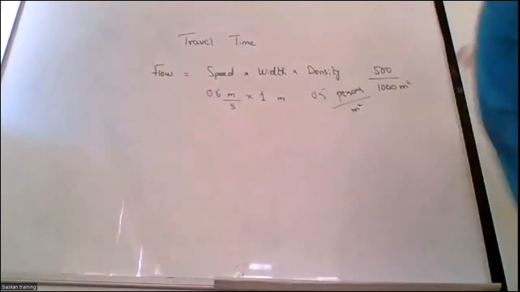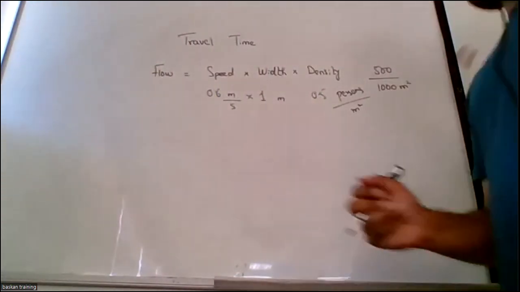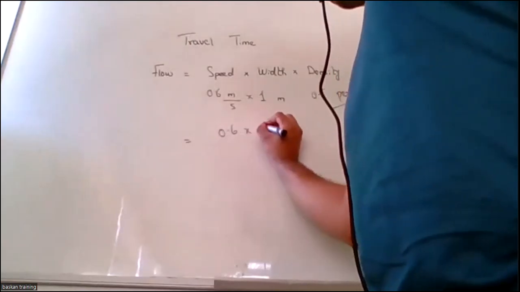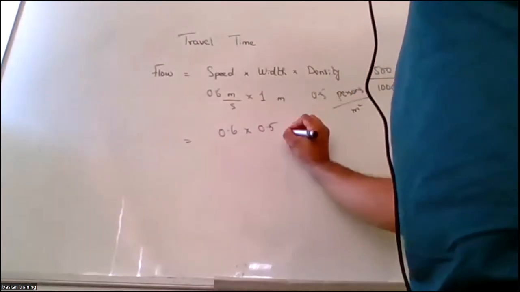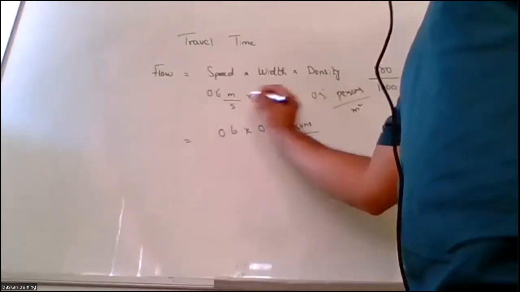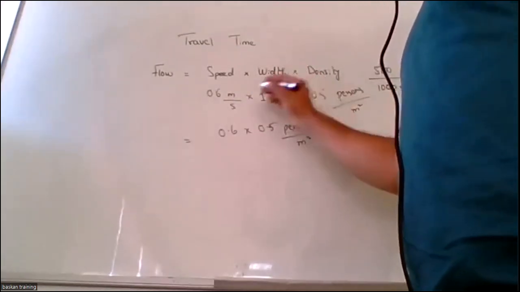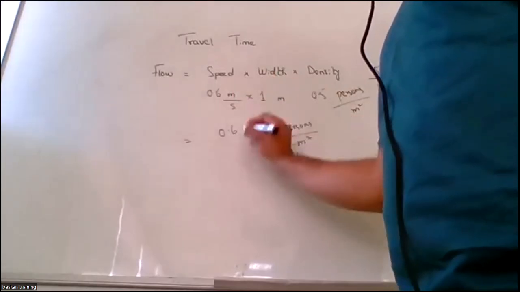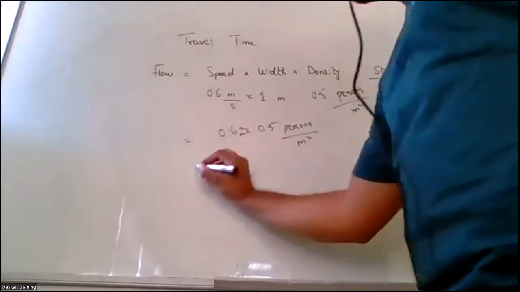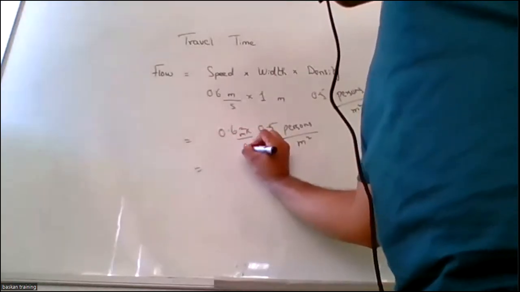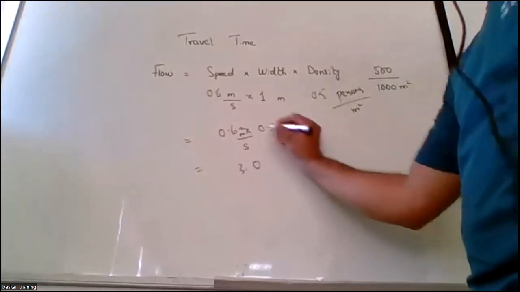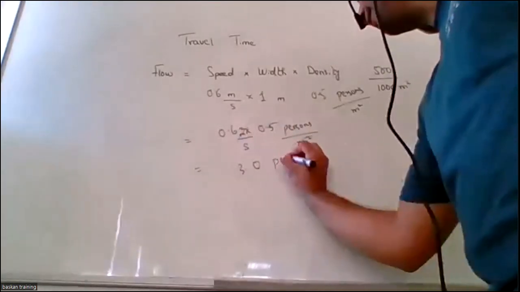So I can calculate flow from here. It's going to be 0.6 multiplied by 0.5, with units of persons per square meter and meters per second, so the square meter cancels out, giving persons per second.